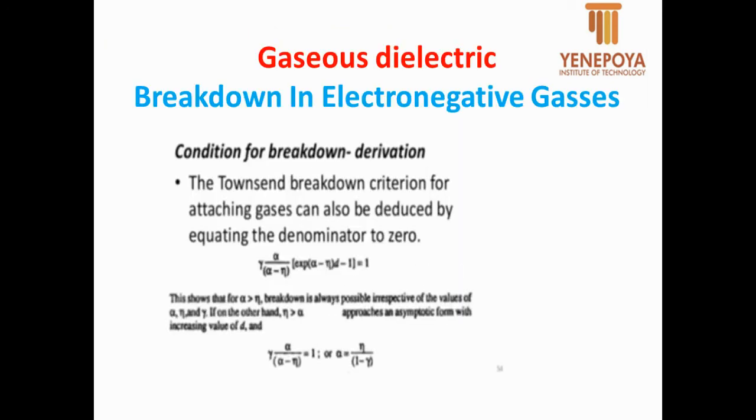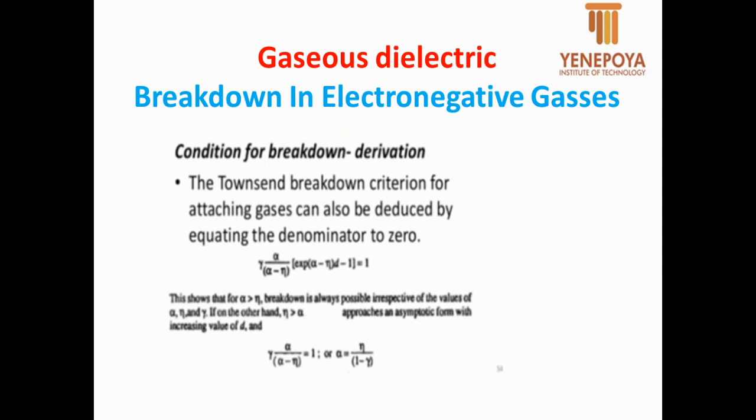Conditions for breakdown derivations. The Townsend breakdown criterion for attaching gases can also be deduced by equating the denominator to 0: gamma into alpha divided by (alpha minus eta) into [exponential (alpha minus eta) d minus 1] equals 1. This shows that if alpha is greater than eta, breakdown is always possible irrespective of the values of alpha, eta and gamma.